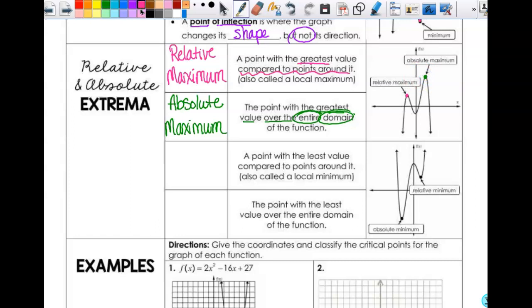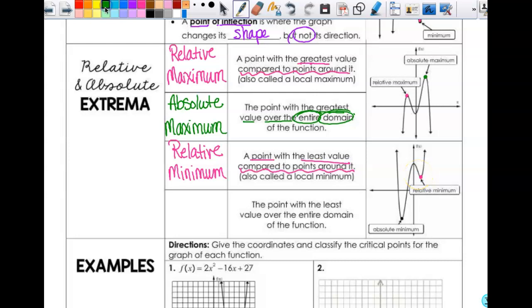Right, and then when we have a point with the least value compared to the points around it, that's going to be your relative minimum. All right, so here's my relative minimum, because it's not the lowest point overall, or the one with the least value, but it is around there.